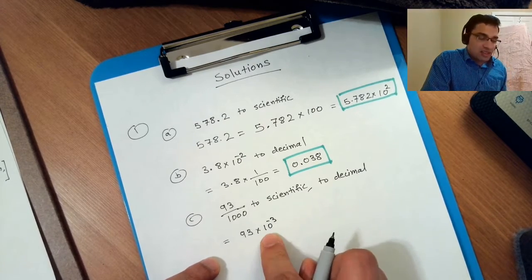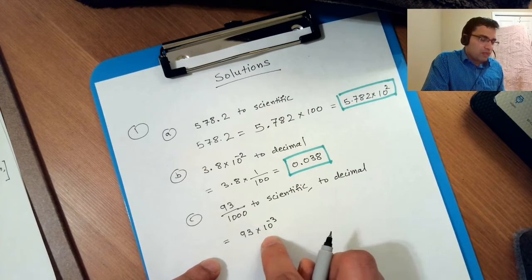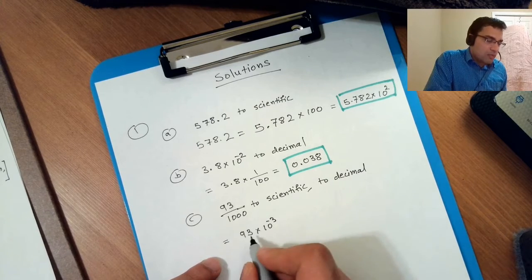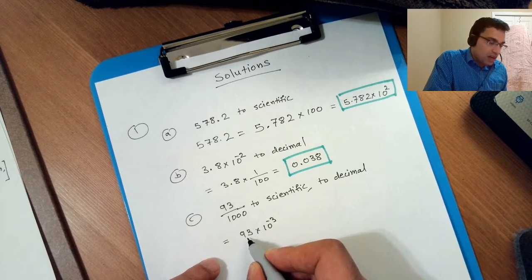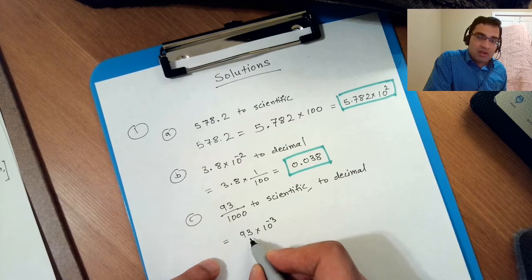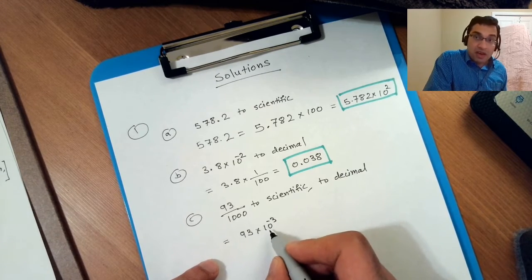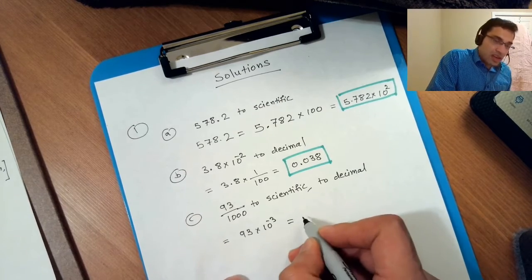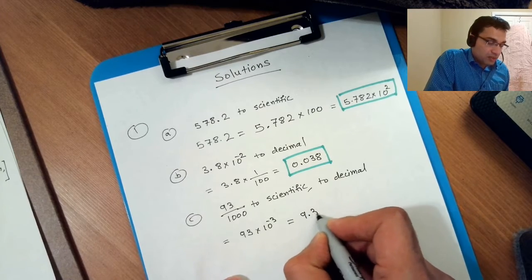But this is not the precise scientific format, right? 93 is greater than 10, so you got to make it less than 10. So to do that, I'll place a decimal point here. I'll make this 93 smaller by a factor of 10, and I'll make this bigger by a factor of 10. Okay, so 93 I make smaller by a factor of 10, which is 9.3.